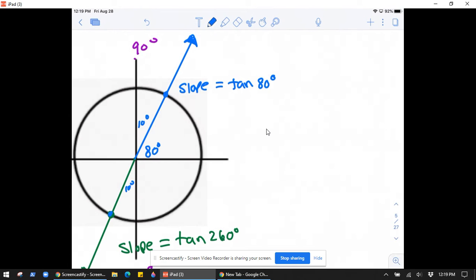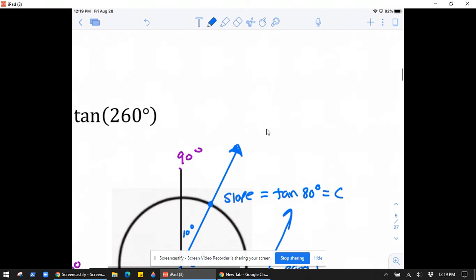So in this case, they're equal, right? These are exactly the same. So we can say tangent of 80 degrees is equal to c. So tangent of 260 degrees is equal to c as well.